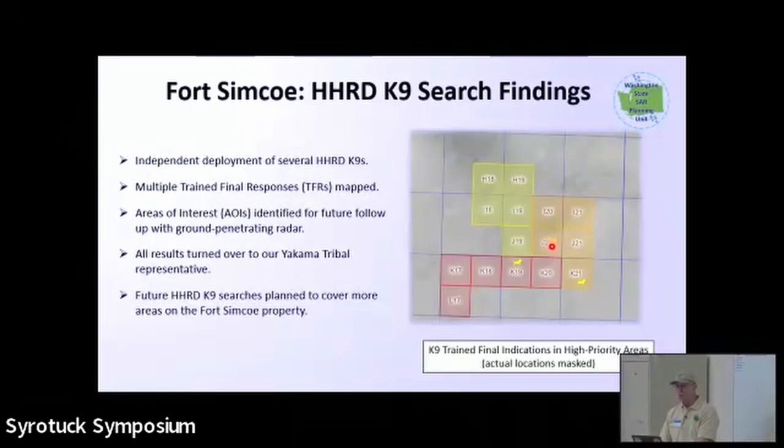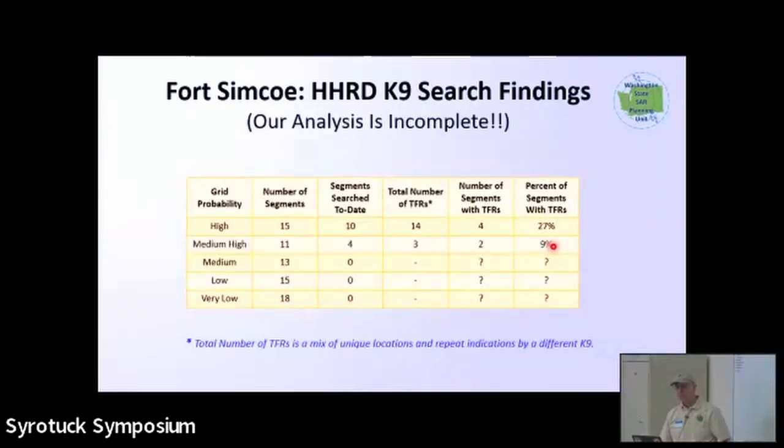So a summary of our results is shown in this next slide. And you can see that in our high and medium high probability areas is where we're getting the trained final responses, okay?